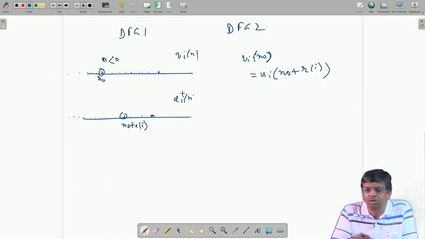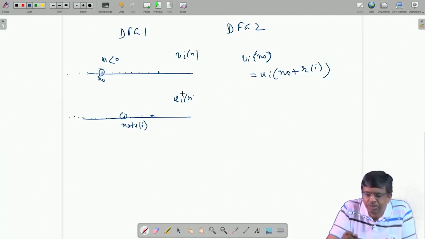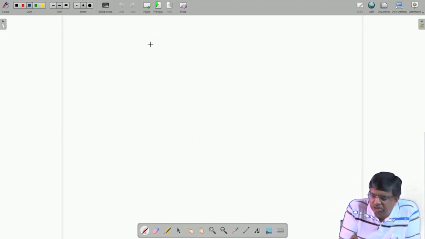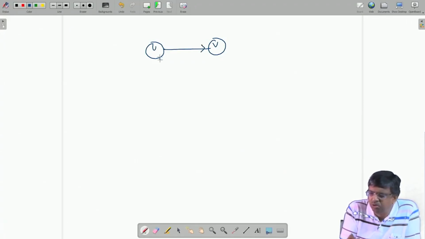Now, we will work on its implications. Start with this. Suppose the DFG is just this, U and V, there is no delay, and each takes time t.